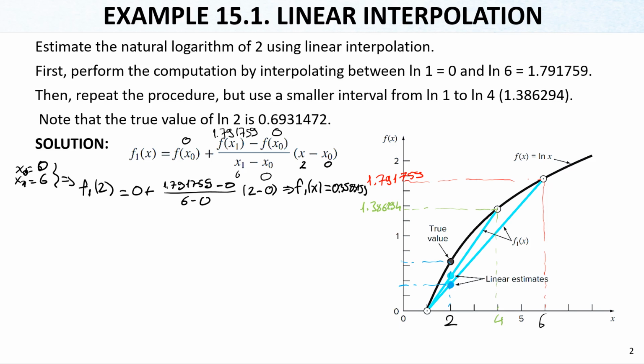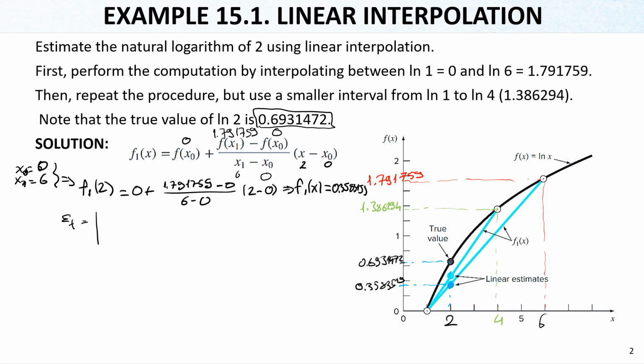And here we find f1(2) equals 0.3583519. If we calculate the true error, the actual value is 0.6931472, and we calculated 0.3583519.